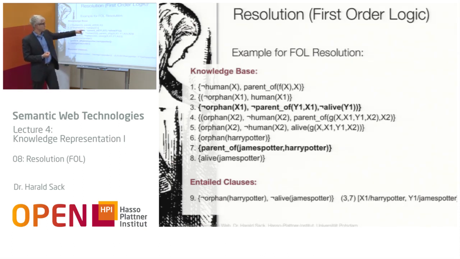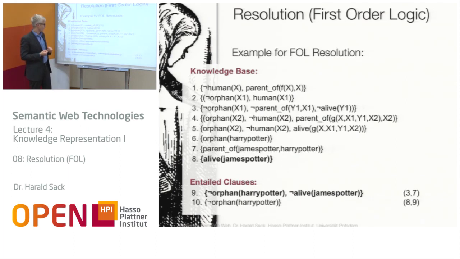Of course, you have also to consider the substitutions and the unifications in the other parts of the clause. So number 9 is the result of the first resolution step, and we add number 9 to our knowledge base. Now we have to find 2 new clauses that can be combined. And now we can combine, for example, number 8 and number 9, simply because we see here we have the function alive and here not alive.